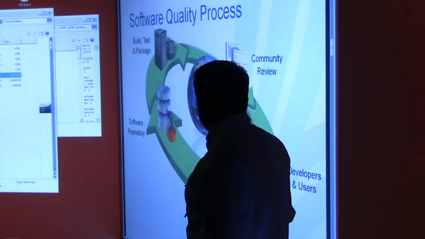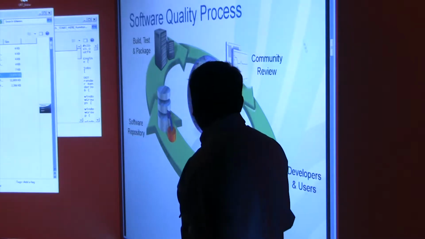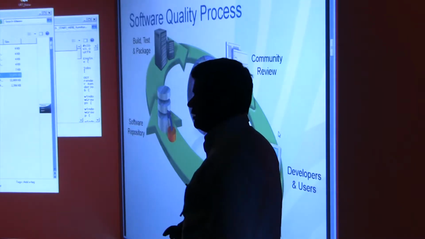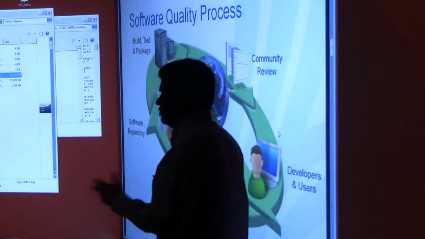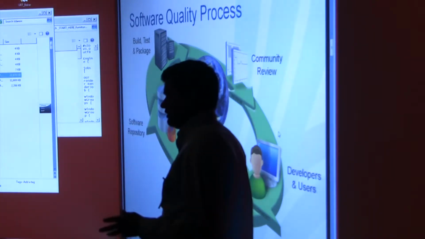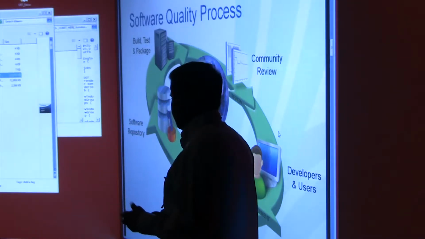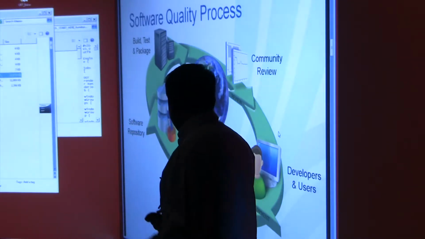And then once they have approved those changes, the code goes back to the main repository. So we make sure that anytime you add a new feature, it's not breaking other features. At the same time, you have a new test for that feature. So it's very much test-driven development.